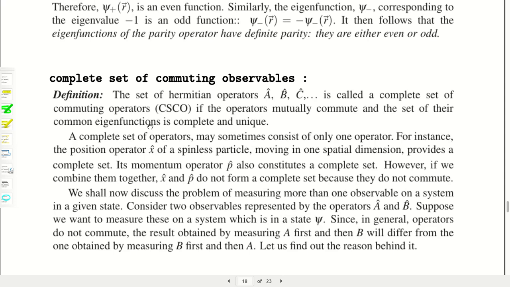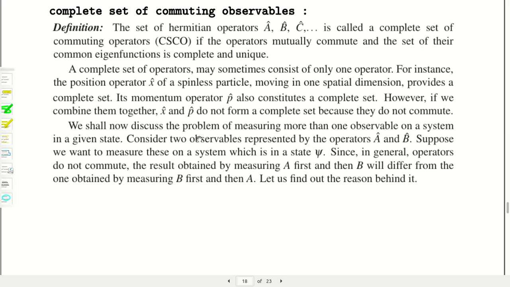And here in this topic I will describe why that is so, and why we cannot assign a simultaneous eigenfunction to non-commuting operators, and what the measurement difficulties are in such cases.